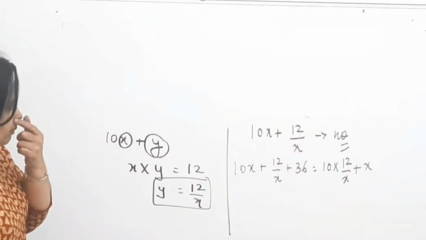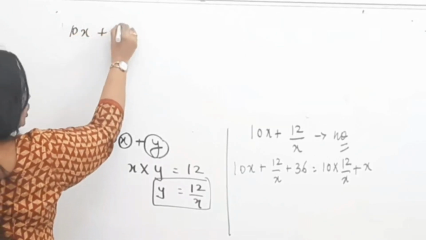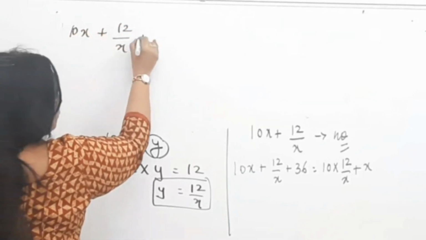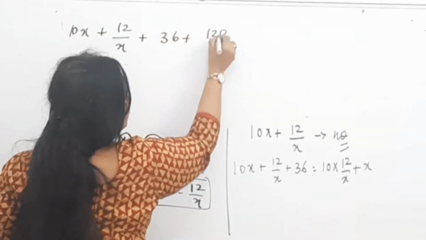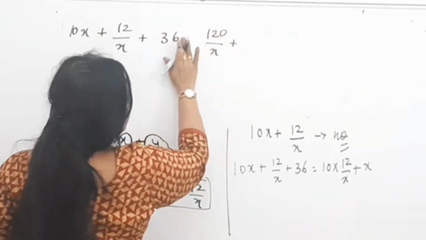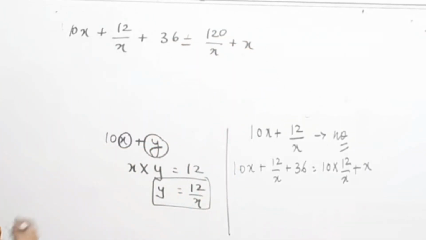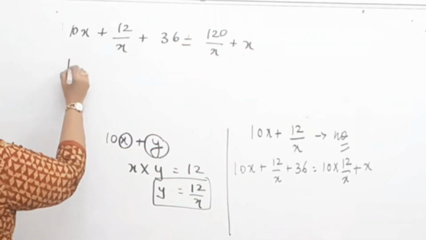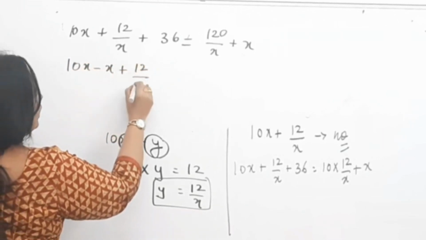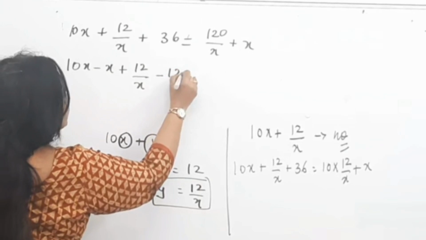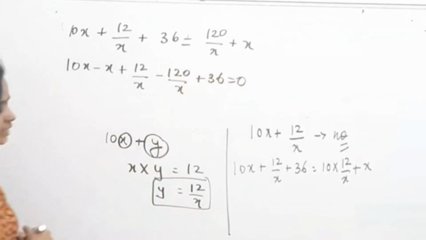So, my equation becomes 10x plus 12 by x plus 36 equals 120 by x plus x. Now I bring all the terms to one side. So, 10x minus x plus 12 by x minus 120 by x plus 36 is equal to 0.